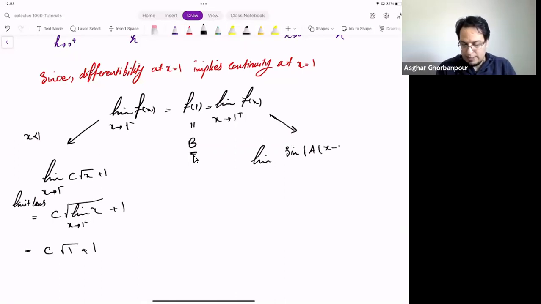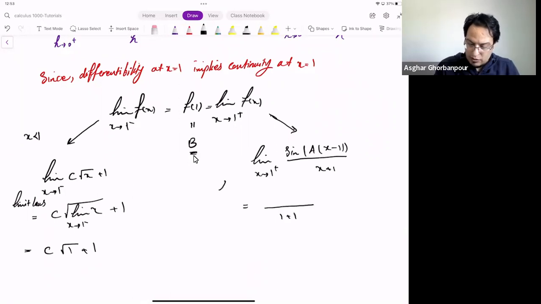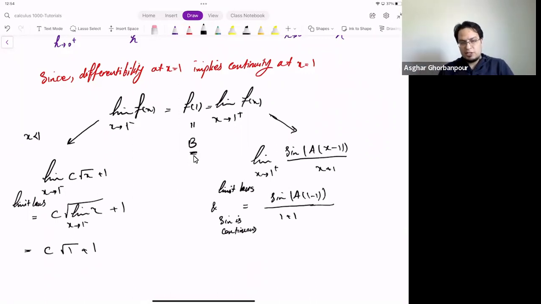Sine of a times (x minus 1) over (x plus 1) as x goes to 1 from the right-hand side. Well, again, I can use the quotient law here. The limit of the denominator is non-zero, so I will have 1 plus 1. So limit laws and the fact that sine is continuous means that finding the limit for sine is the same thing as evaluating the function.